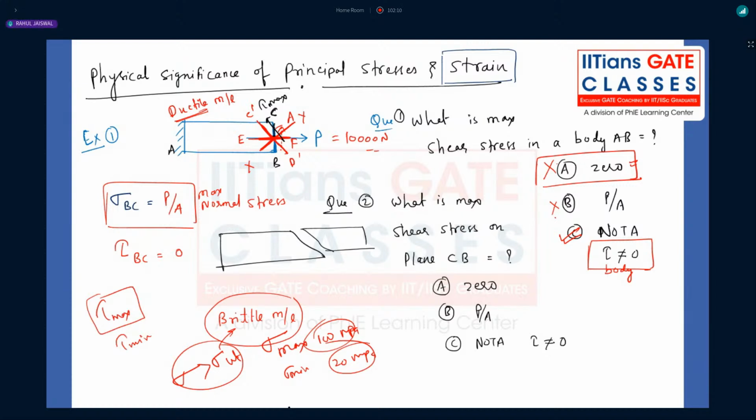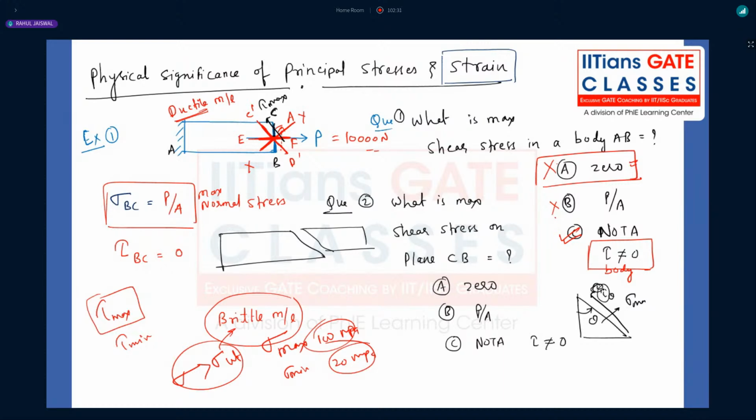Now it is clear why we need to define one particular plane inclined at an angle theta, and find the maximum normal stress and the maximum shear stress, tau at theta. Why are we finding that maximum value? Because ductile materials are very weak in shear.